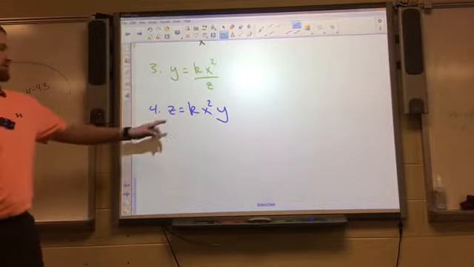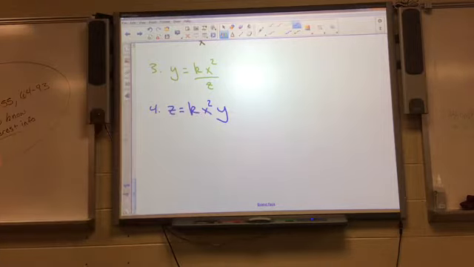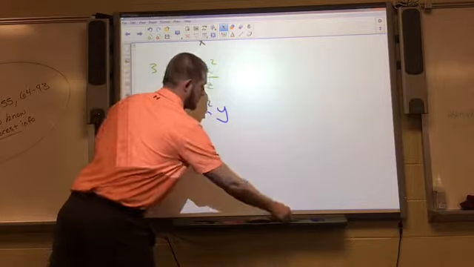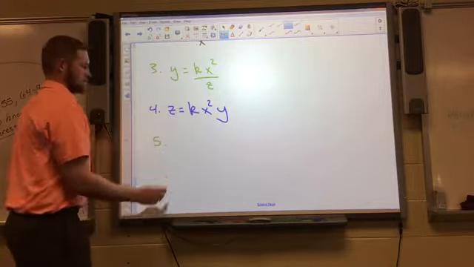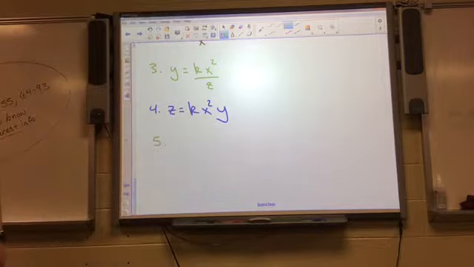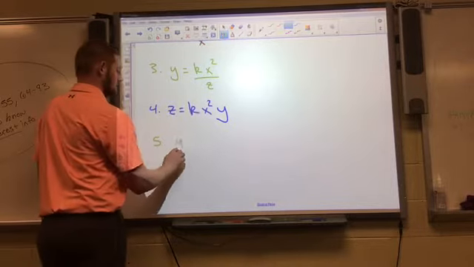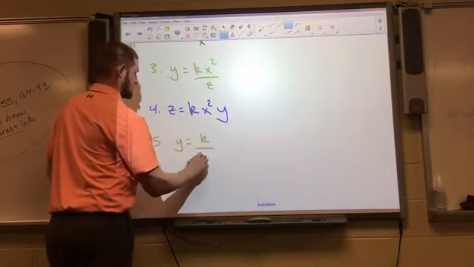Varies jointly with x squared and y. And the last one, y varies inversely with x and z. Good.